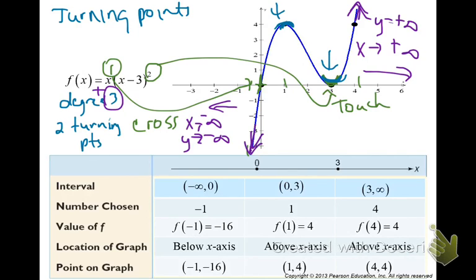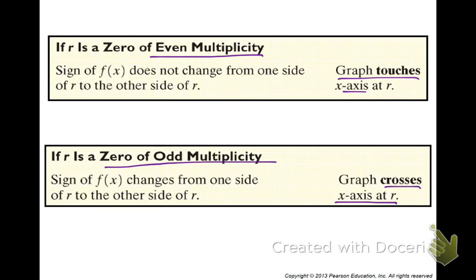A degree of 3 means we had an x cubed, and it was positive. We saw an example of that in that last one that we sketched.